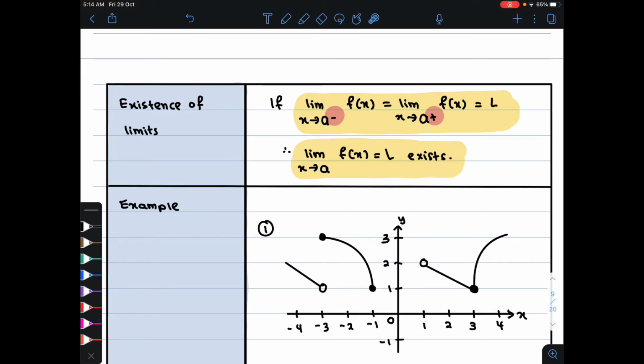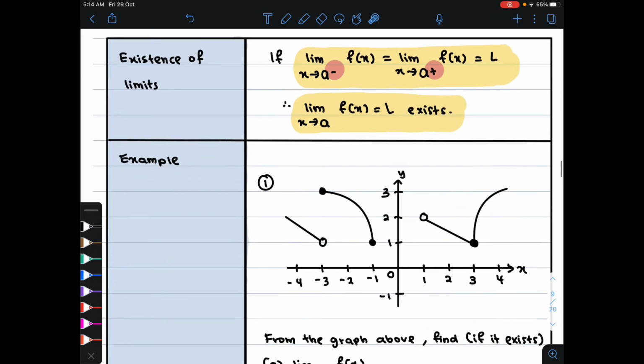But this time, there's no need for you to write plus or minus anymore. If it doesn't have plus or minus, this means that as x approaches a from both sides, f(x) approaches L.